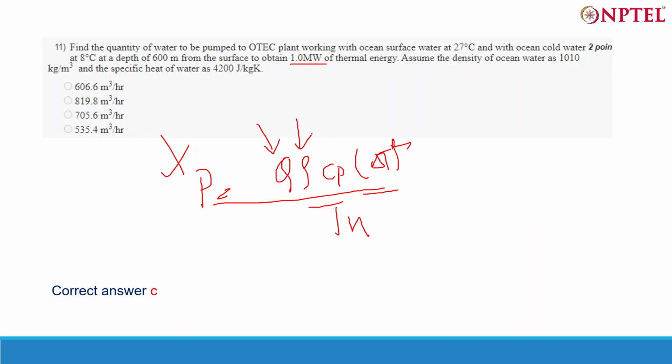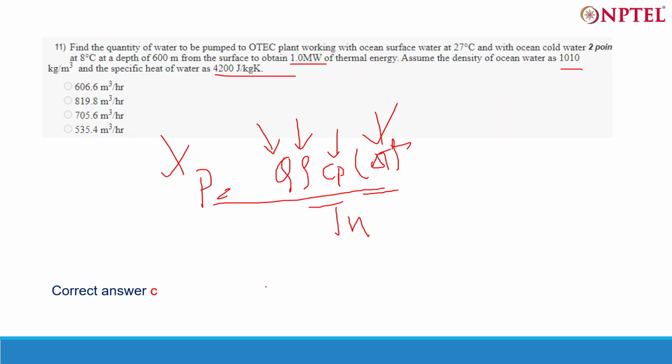Rho is 1000 kg per meter cube, Cp value you know, and del T you also know, 27 and 8 degrees Celsius at depth. So 27 minus 8 equals 19, and Th you know is 27. So put everything; temperature units should be in Kelvin. The density of ocean water is given as 1010 kg per meter cube, so don't take 1000. Try and calculate this question. I think this is the second last question, and then we can complete this session.